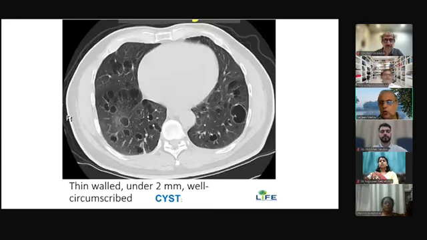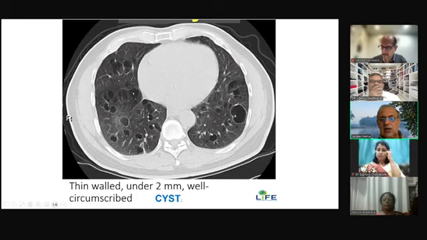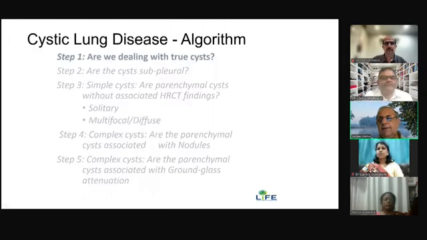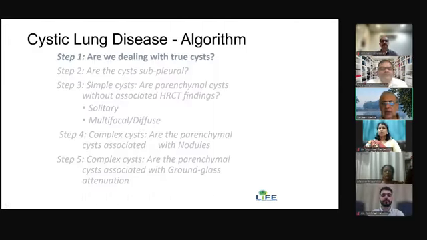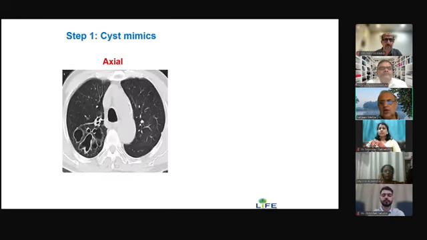But before you do, and this is a cyst which is showing you the classic feature of thin wall, right? So there's a thin wall, multiple cysts, and this will classically fit into a cystic lung disease. Now, before we call this a cyst, we are going to ask ourselves the very question that you asked me: is it a cyst or is it something else?